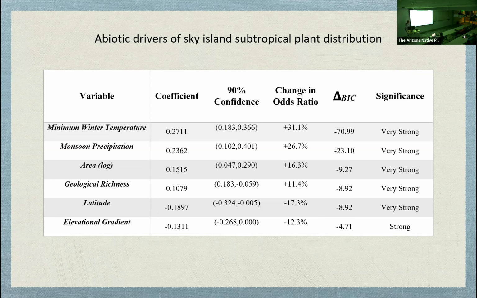So you would find the same thing when you increase monsoon precipitation by 1 standard deviation of our coefficient: there's a 26.7% increased chance that any species will be subtropical. So that kind of quantifies for you how significant these numbers are. So this was interesting to see.